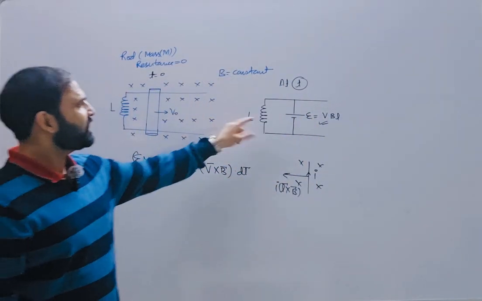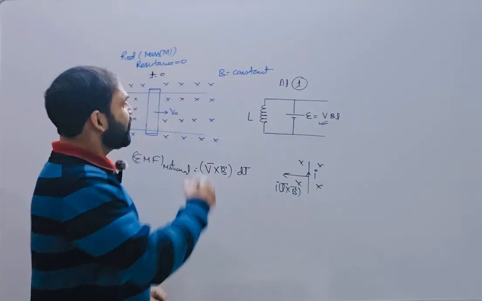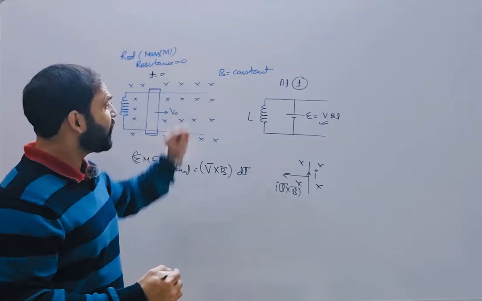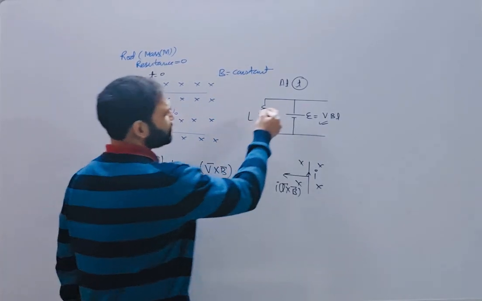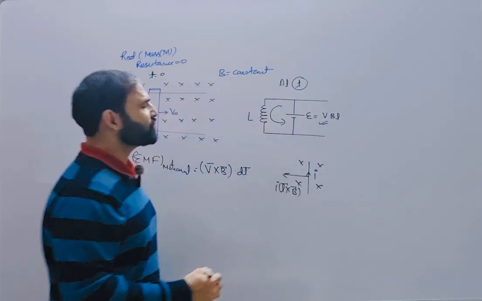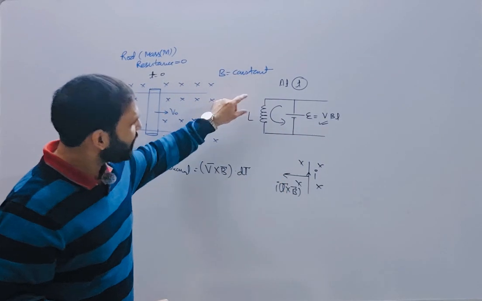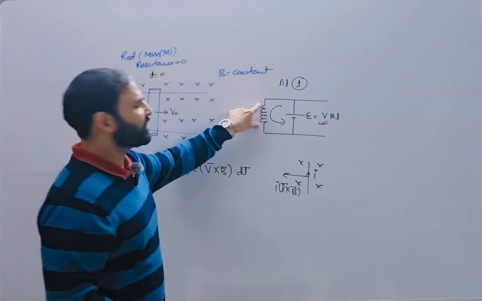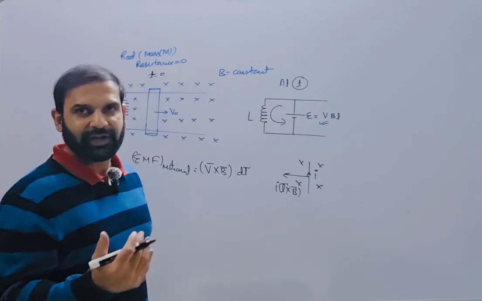Now at any time t, the circuit looks like what we have drawn on the board. In order to analyze the motion of the rod, first we have to apply Kirchhoff's loop law on the circuit. According to Kirchhoff's loop law, the summation of potential differences across every element must be 0. So what is the potential difference across the inductor? It is minus L di by dt.